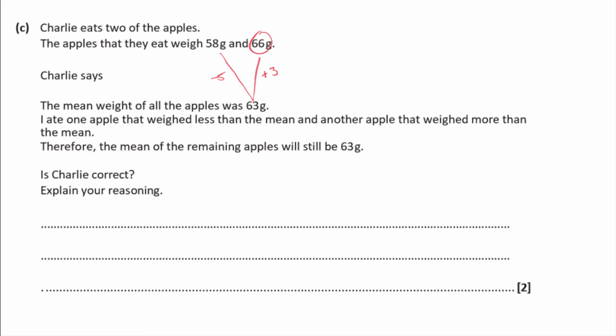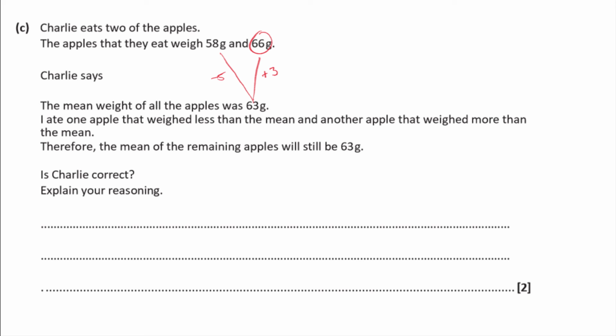Now, if the one he ate was 58 and the other he ate was 68, so the differences were -5 and +5, then yes, they would cancel each other out and the remaining apples would be unchanged. Okay, but here, because the lighter apple was significantly further away from the mean value than the heavier apple, then actually this is going to move the mean.